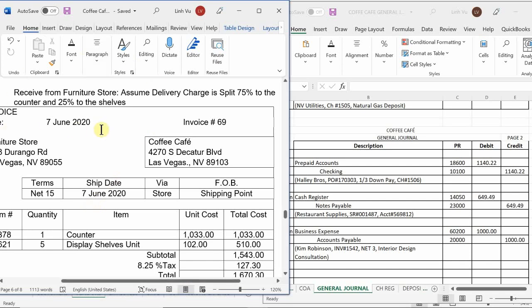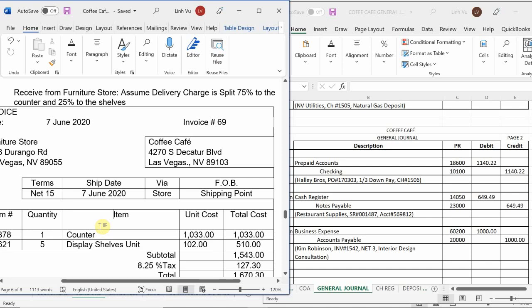Okay, that's the day that we received the bill. The 22nd. Good. How do you know that? You have terms right here, net 15. So that gives me the opportunity: am I going to pay today or am I going to pay in 15 days?